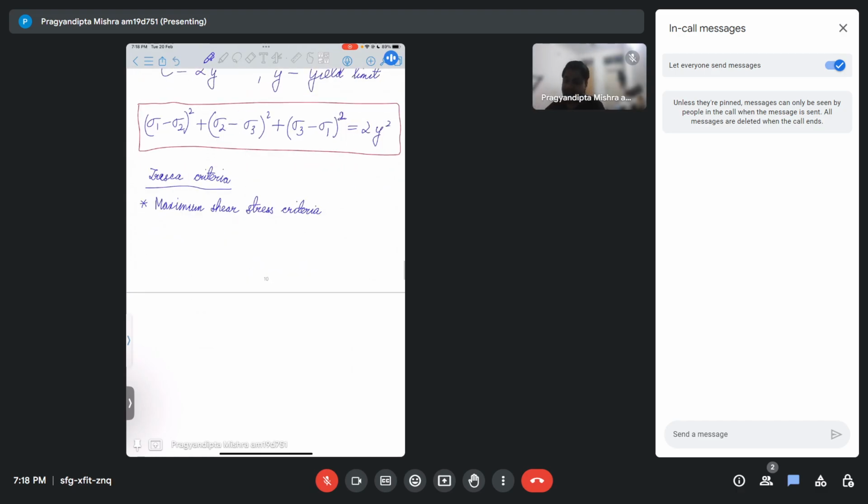Essentially, what this criteria states is that shear stress is the one that causes plastic deformation, as we have seen till now.